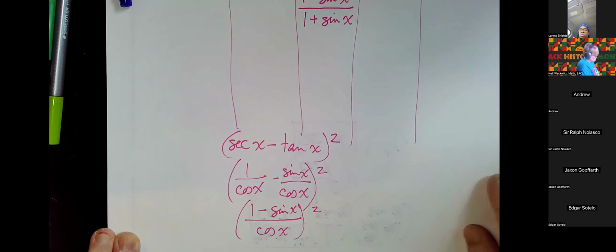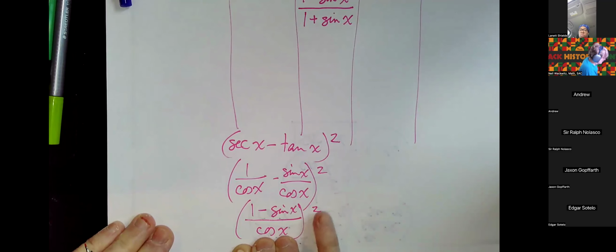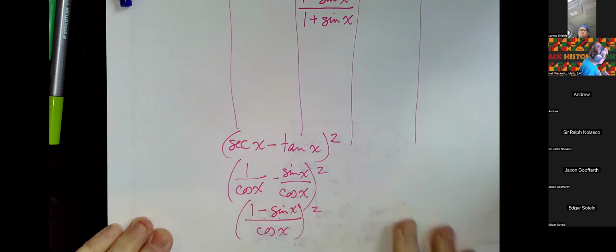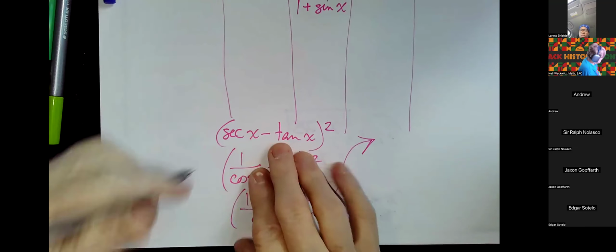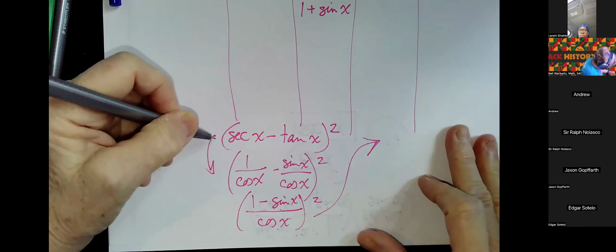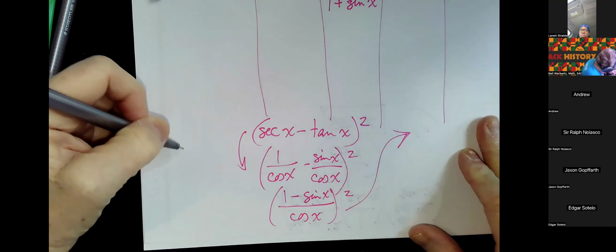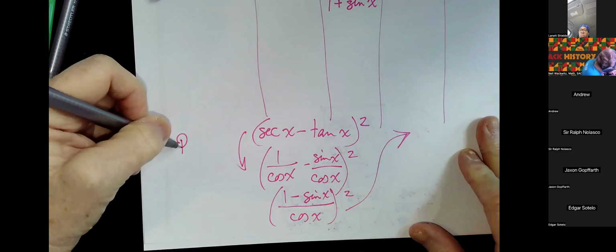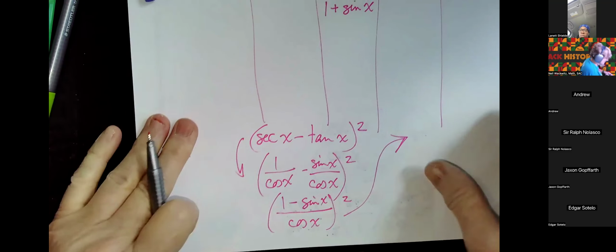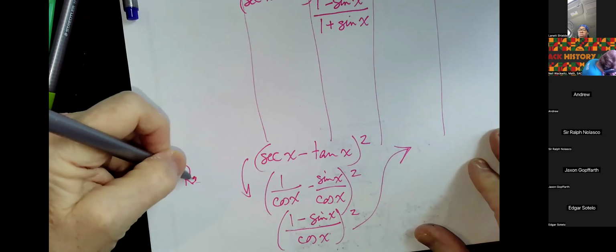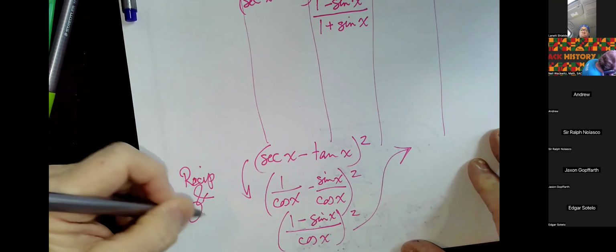Alrighty. So now let's go ahead and square things. Well, the justification for the first step is reciprocal and quotient identities.